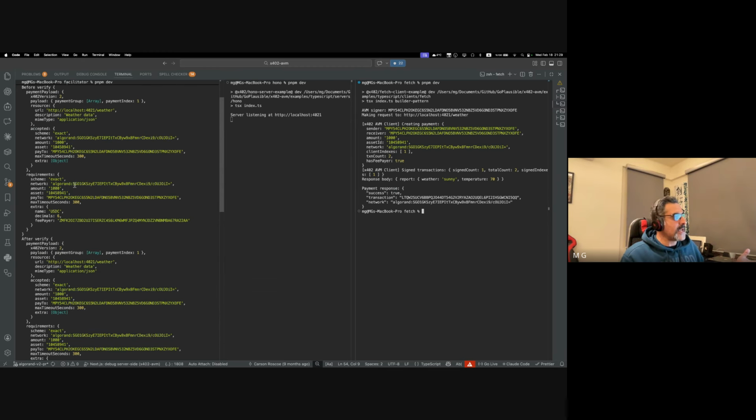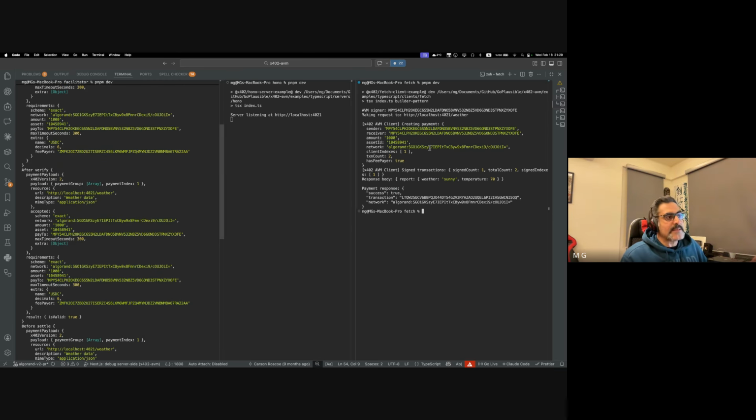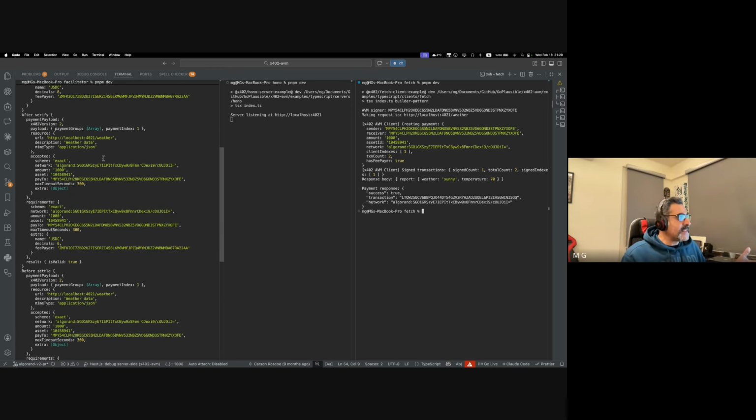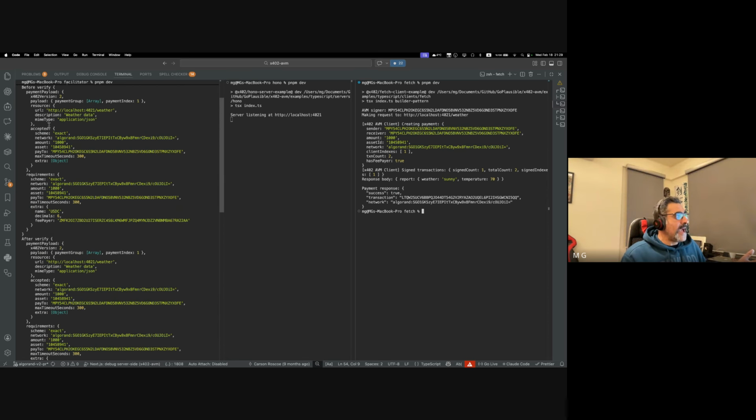Here in the logs, as you see, the facilitator received the payments, which have been sent by the client on the right side to the server in the middle, and the server communicated them to the facilitator, and the facilitator first verifies it. And here's the verification. Before verify, these are the transactions.